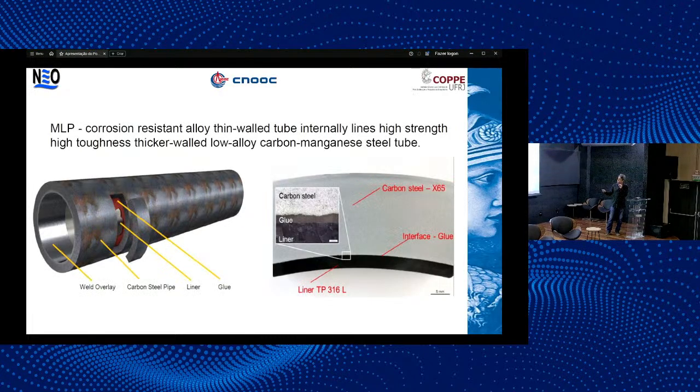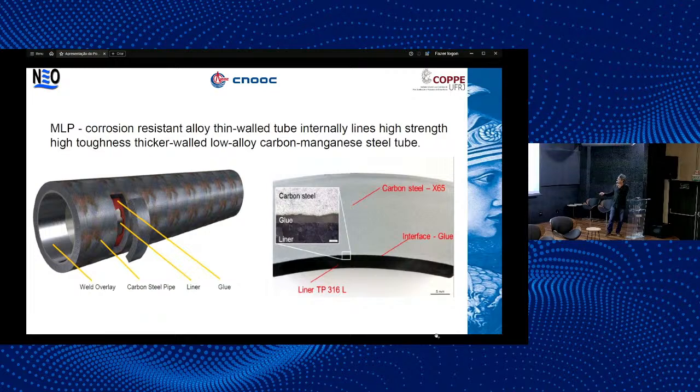So we are interested to study the improvement of the mechanical condition of such a pipe, mechanical line pipe, when we use a glue between the carbon steel and the liner. So the idea is to avoid the formation of wrinkles, which is the shell buckling during the reel-lay installation.